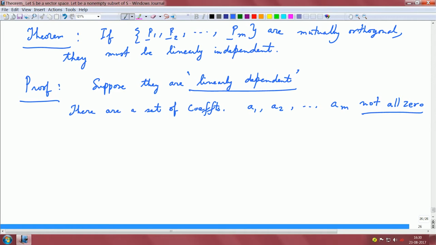Since they are linearly dependent, let us assume that there is a set of coefficients a1, a2, so on till am, not all of them being 0, such that the sum over i equals 1 to m of ai pi is 0. Let me call this equation 1.